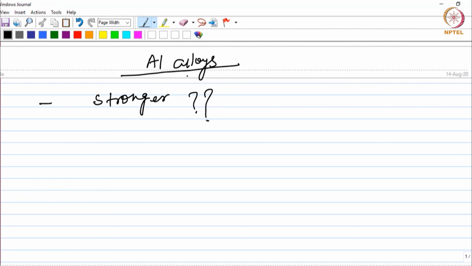So therefore we need to understand as to why these alloys become stronger when you have presence of certain alloying elements. Okay, and this is also kind of the start of our physical metallurgy part. The physical metallurgy of aluminium alloys.